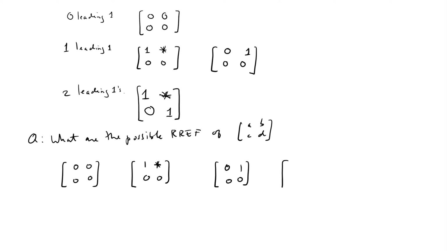If it has 2 leading ones, this entry is now forced to be a 0, because the second column has a leading 1, so every other entry has to be a 0. That's the fourth condition for the matrix to be in reduced row echelon form. And I think we've got all the possibilities now.